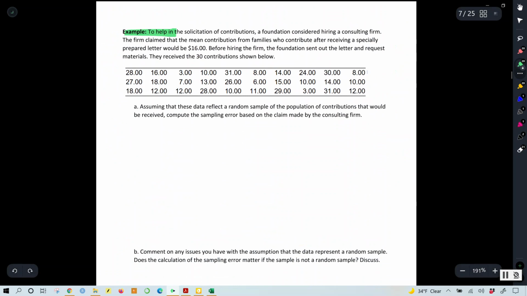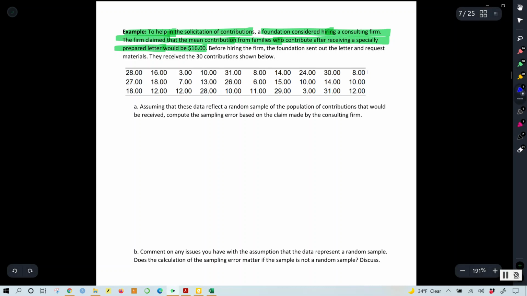This says that to help in the solicitation of contributions, a foundation considered hiring a consulting firm. The firm claims that the mean contribution from families who contribute after receiving a specially prepared letter would be $16.